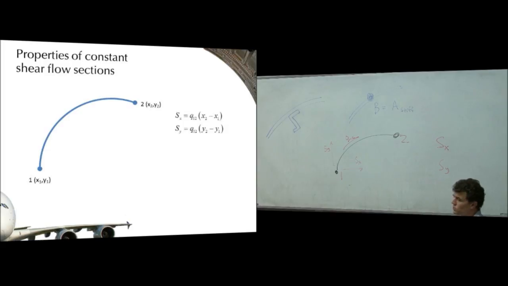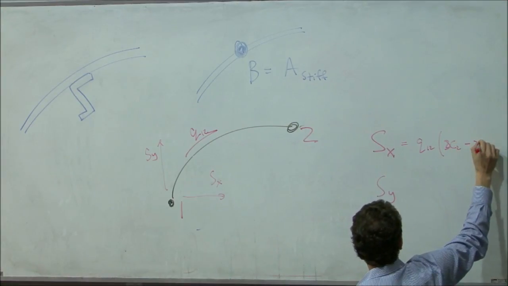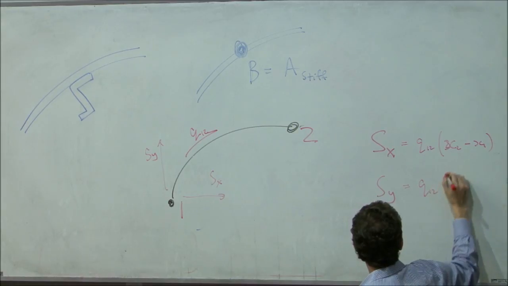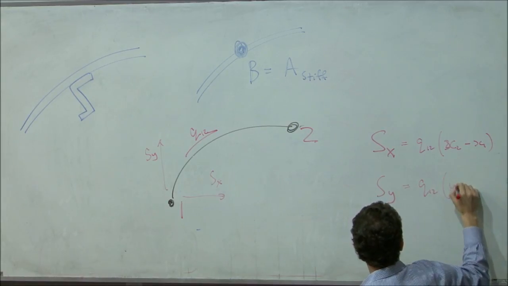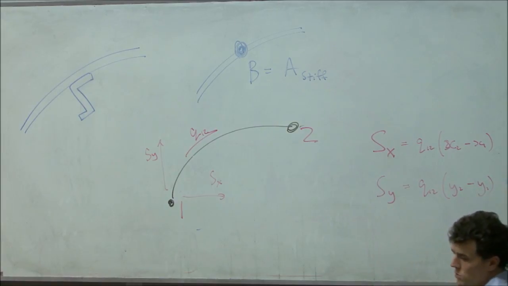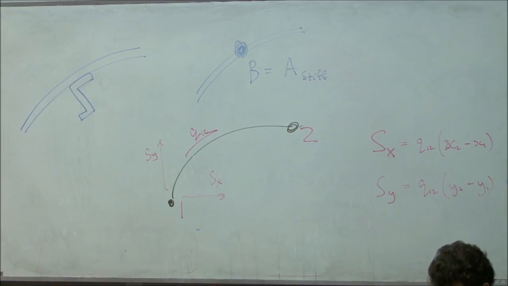It's very easy to do in this case. We don't have to do any integration, we don't have to do anything special. It's just Q times the change in x position. And the y shear force is just Q times the change in y position.